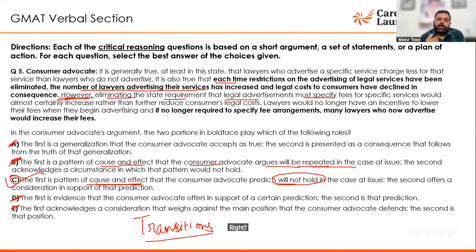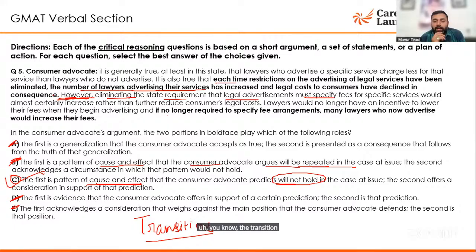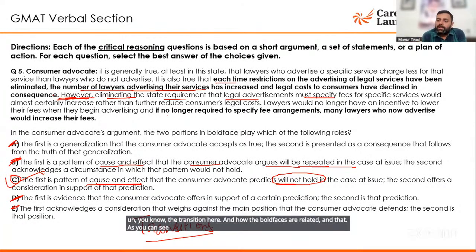Of course, there is a bit of terminology that, if you learn behind this, can really enhance your chances of getting a boldface question correct, right? But that comes later. More important thing here is to be able to figure out the transition and how the boldfaces are related, and that, as you can see, reduces the kind of time you spend.